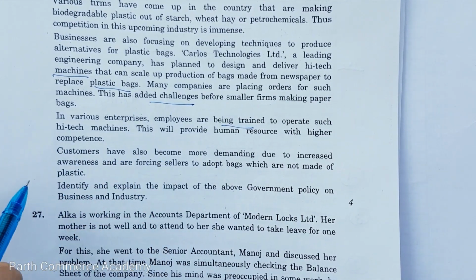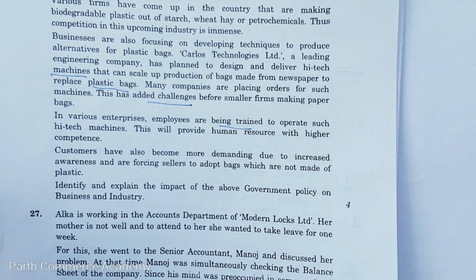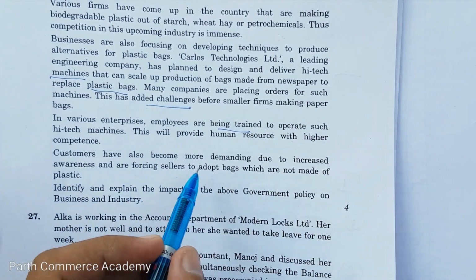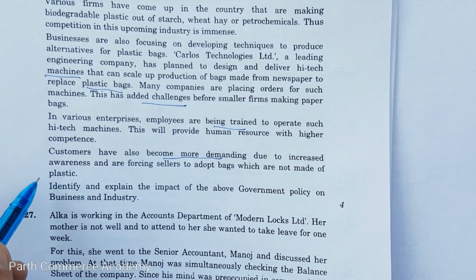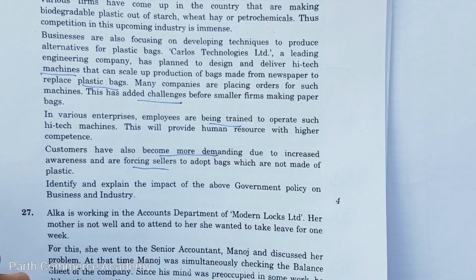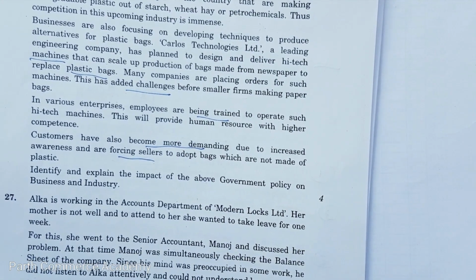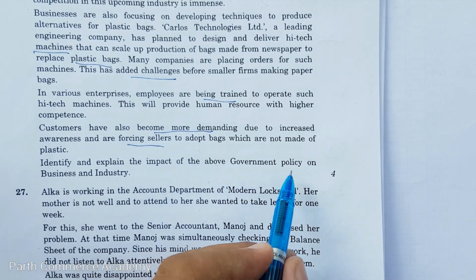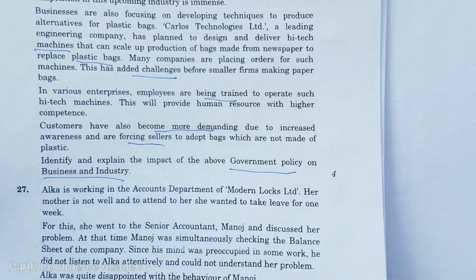This will provide human resources with higher competence. Consumers have also become more demanding due to increased awareness and are forcing sellers to adopt bags which are not made of plastic. Identify and explain the impact of the above government policy on business and industry.